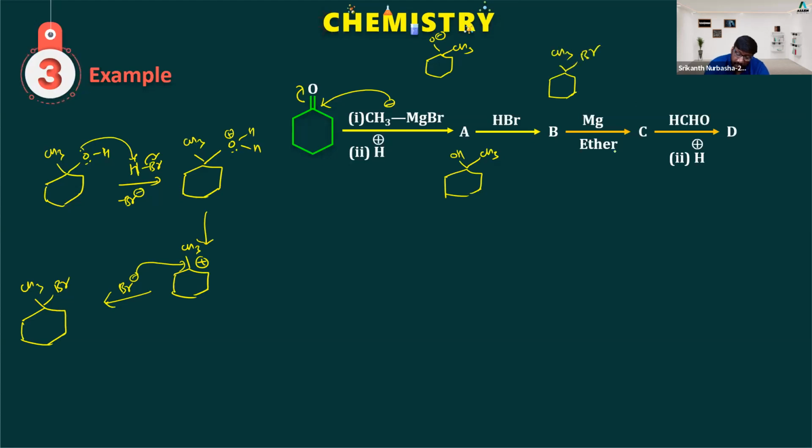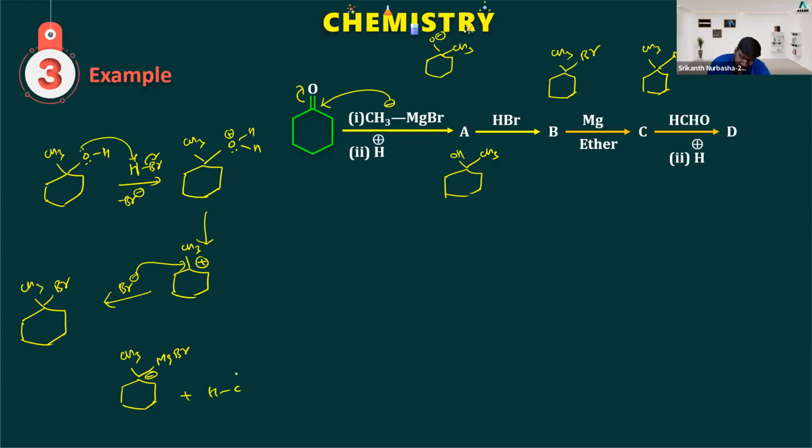CCH3CBr, Mg in the presence of ether. So it is an insertion reaction of alkyl halide with metals. It will form what? The carbon-bromine is now converted to carbon-MgBr. This is your compound C. Compound C, the Grignard reagent, is treated with HCHO followed by acidic hydrolysis. Grignard reagent CH3MgBr will have a negative charge on this carbon.